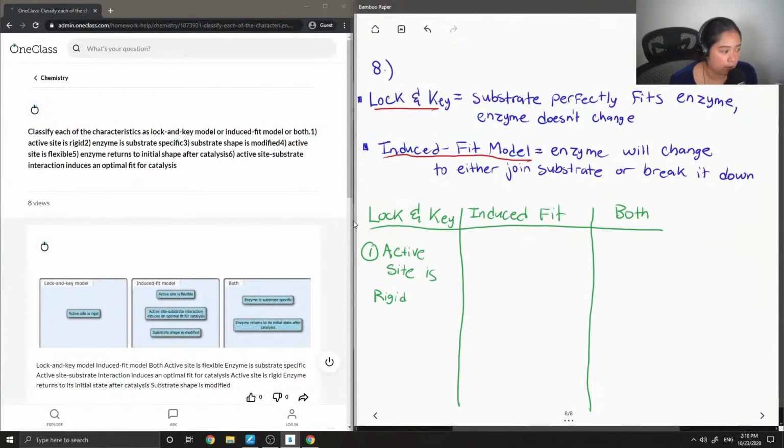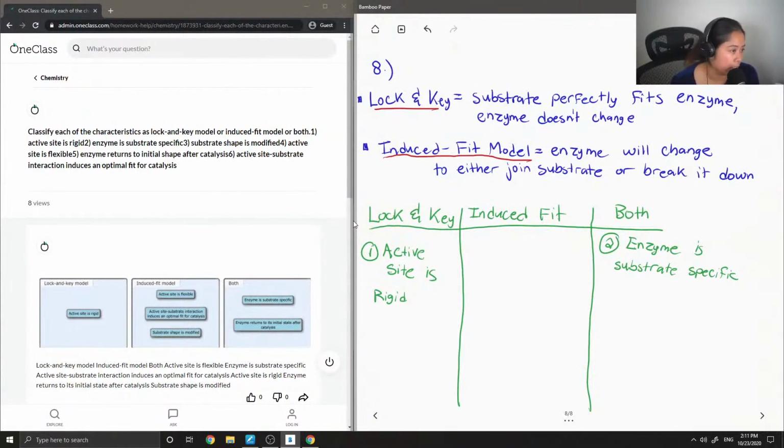Okay, so let's look at 2. The enzyme is substrate specific, so this can be both of them. Okay, so now let's look at 3.